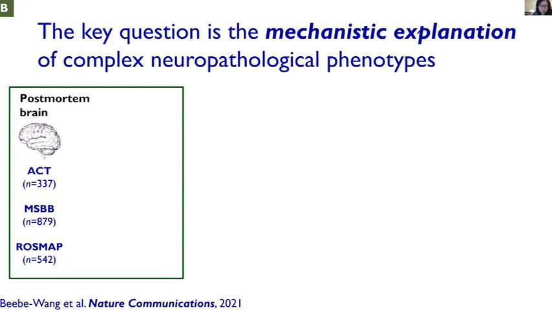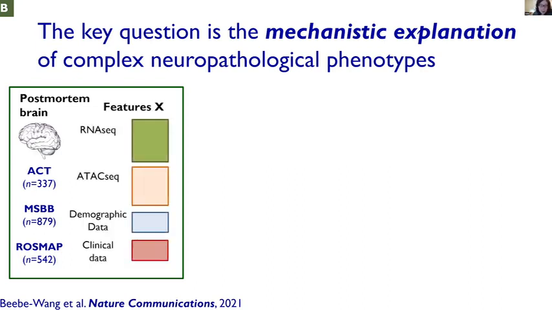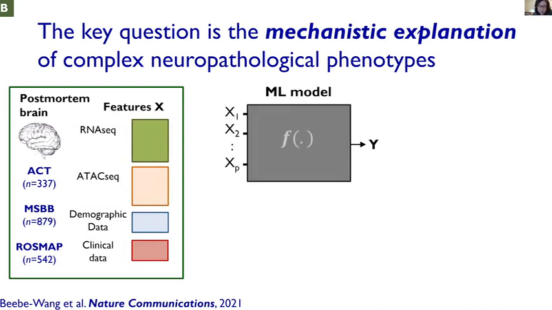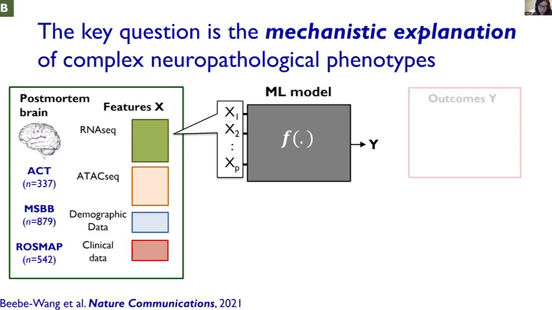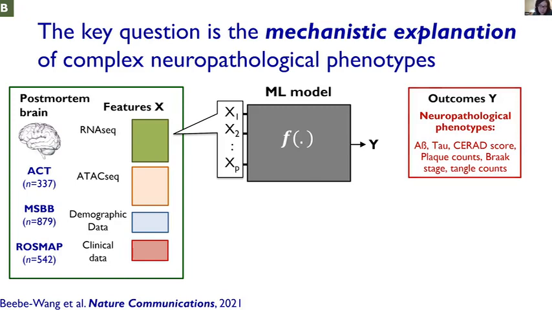The idea is to use a multitask deep neural network to describe the complex relationships between 20,000 gene expression levels and 6 neuropathological phenotypes. In this problem, these are all post-mortem brain tissues, so prediction is not really the goal.